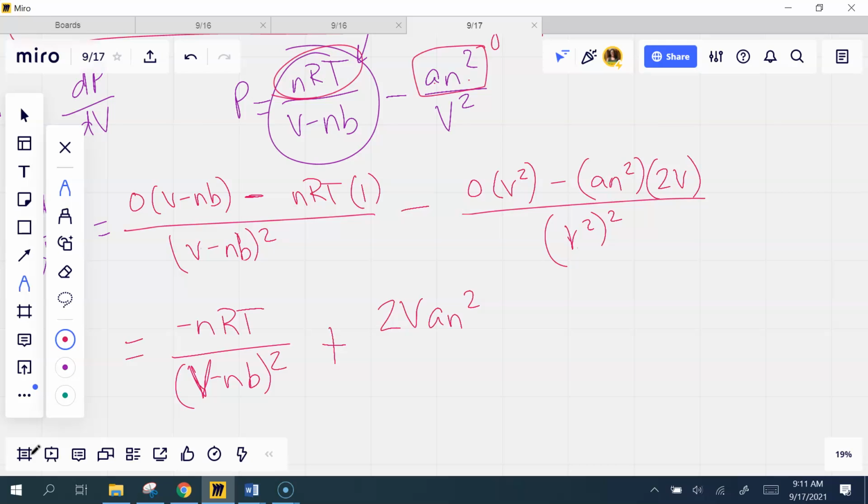Remember that a n squared is a constant. So you treat everything as a constant except for the variable that we are deriving with respect to, which is V, because it's what changes. It is a lot. This one's tough, just because of the variables. But that's the answer. We could actually take a V out here if we wanted to clean it up a little bit, but we like it to say van.